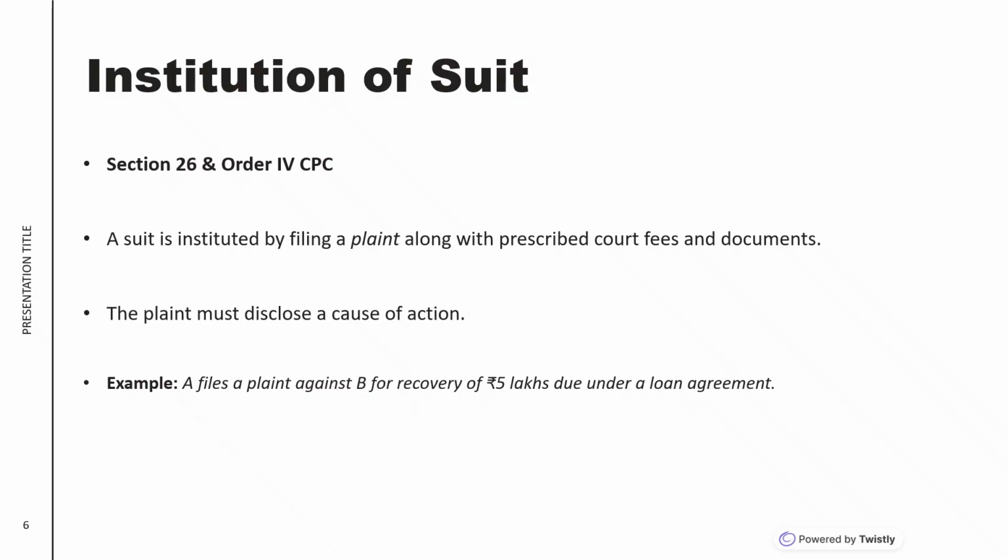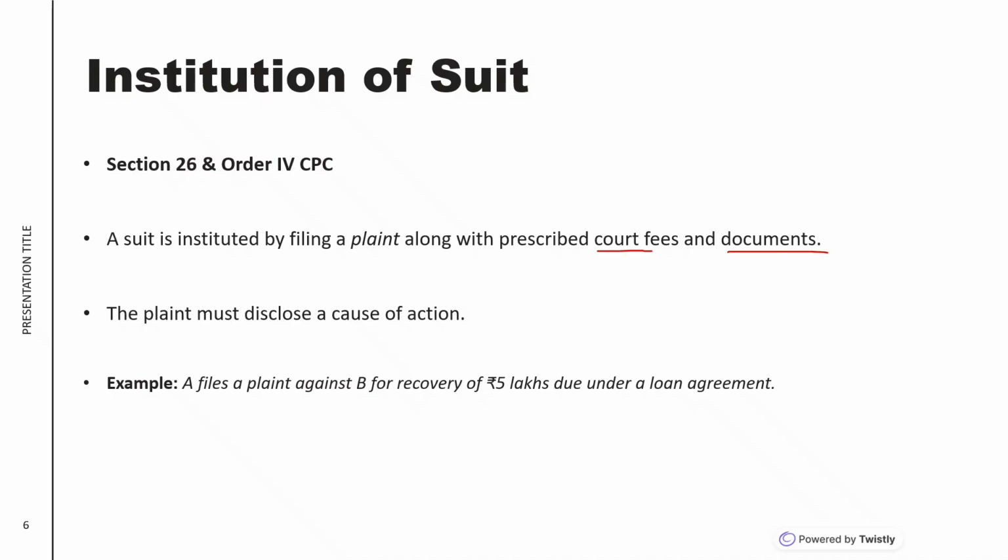A suit is instituted by filing a plaint along with prescribed court fees as well as proper documents. The court fee has to be paid, and the plaint can only be instituted in a court which has proper jurisdiction. And the plaint must disclose the cause of action, the addresses of the plaintiff and defendant, and various facts of the case.